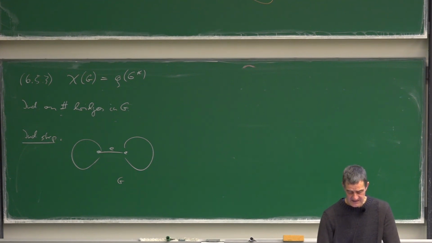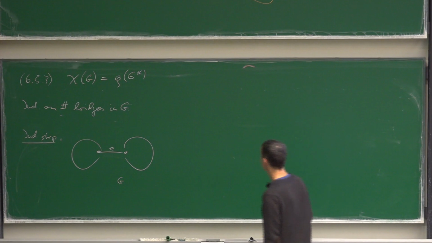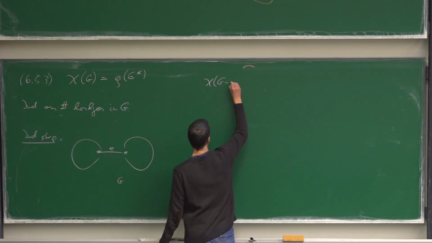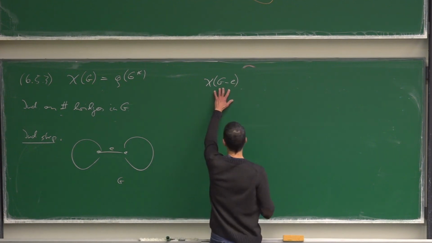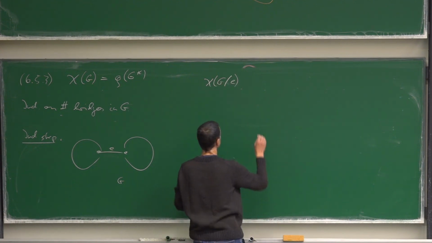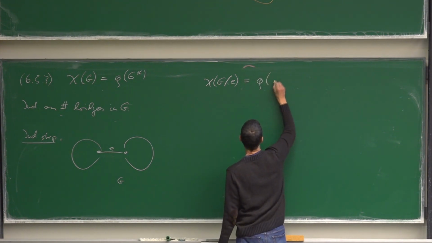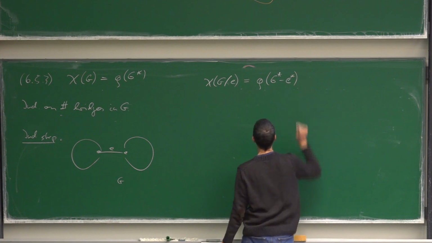And so the induction hypothesis tells us that the chromatic number of G contract E is the same as the flow number of G star minus E star.